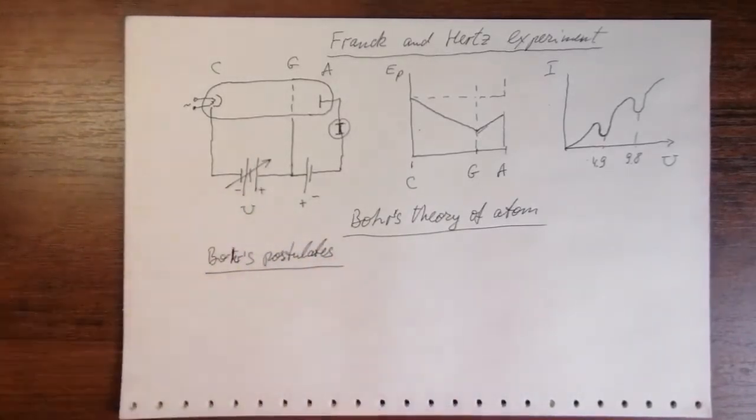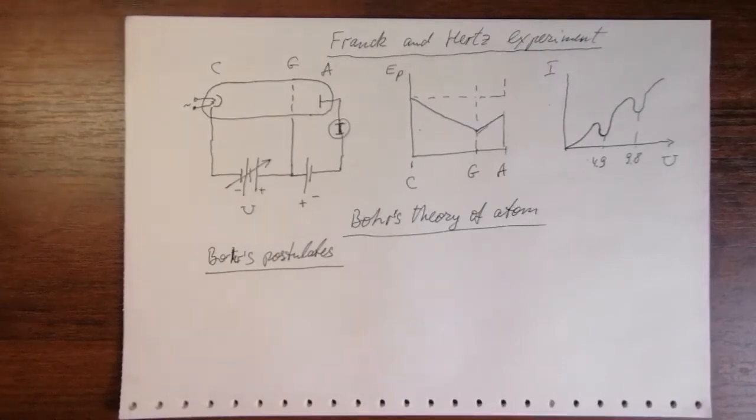What are postulates? Postulates are statements which are considered not provable by some direct experiment, but the consequences which follow if we assume that something is happening as formulated in these postulates agree with observed experiment.